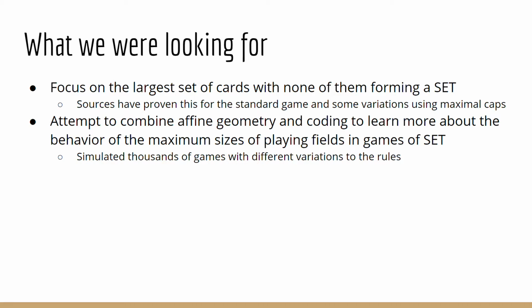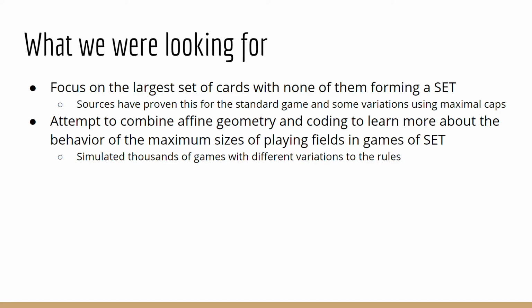So what were we looking for in this family game? We were focused on finding the largest set of cards with none of them being able to form a set. Some of our sources were able to prove this using maximal caps and affine spaces, and we were able to use that to our advantage to work on finding other maximum sizes of these sets.